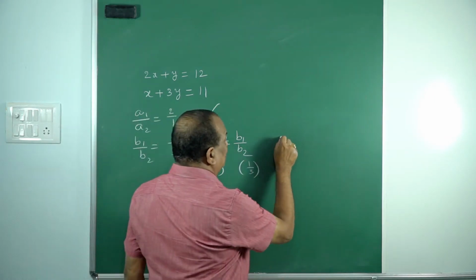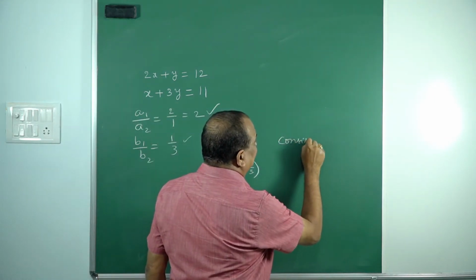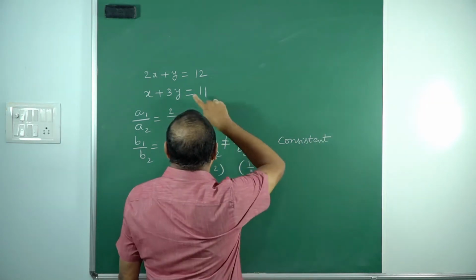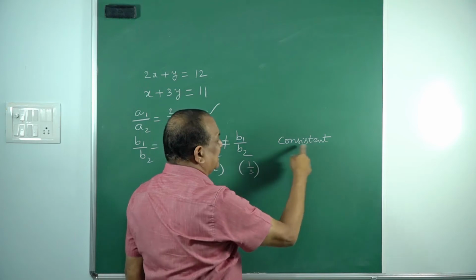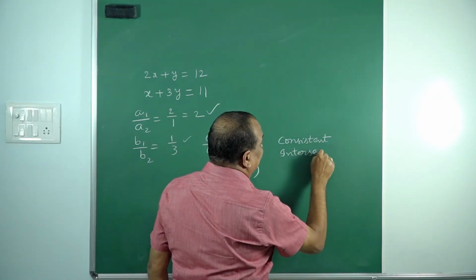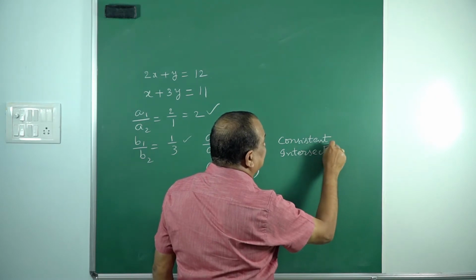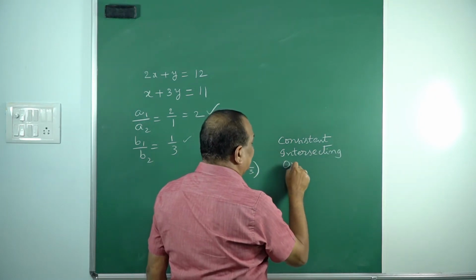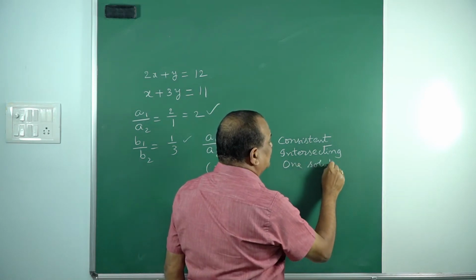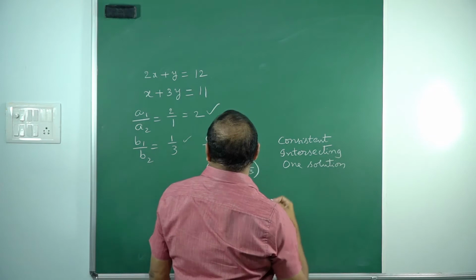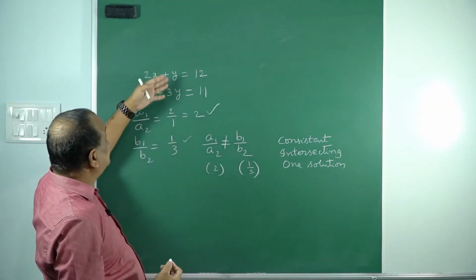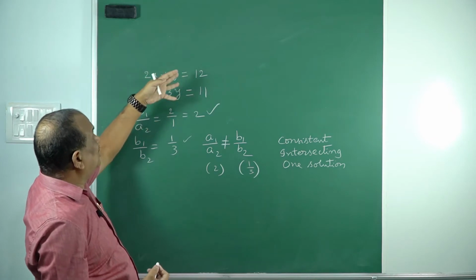You are consistent, because this can be true and this also can be true, no problem. They're consistent, and you are going to get intersecting lines. When you have intersecting lines, you get only one solution. There is only one point in common. And if you want to understand what kind of solution you can expect, you have to solve this system.